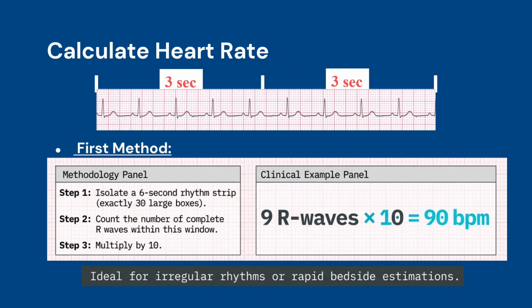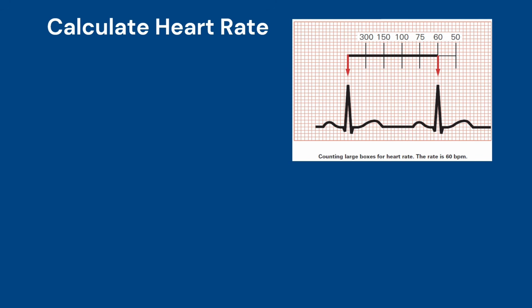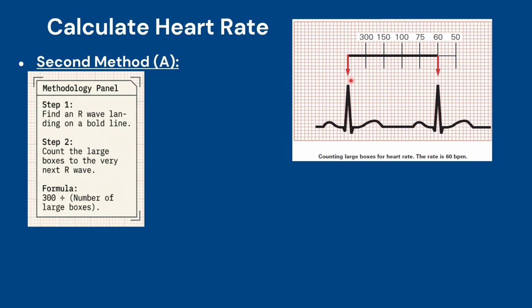In the second method, locate an R wave hitting a bold large box line, and then count the number of large boxes until the next R wave, which we call the RR interval. And then we know that 1 minute equals 300 large squares.